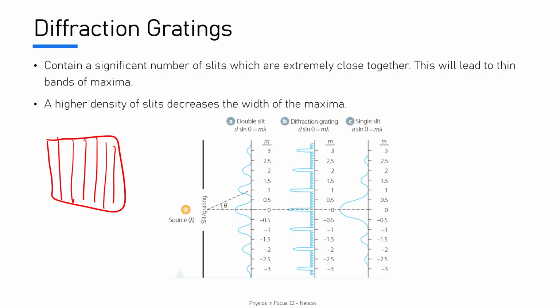Essentially, when you've got light coming from all of these different slits and combining, there are going to be very, very finite and specific regions where that light actually congregates, comes together, and constructively interferes, which means that you're going to get these really small, thin, bright spots as compared to your double slit, where the bright spots are a little bit larger and wider, and their brightness sort of disperses around the edges. As a general principle, a higher density of slits will decrease the width of these maxima even further. But again, this is something that we'll unpack a little bit more in class 2.